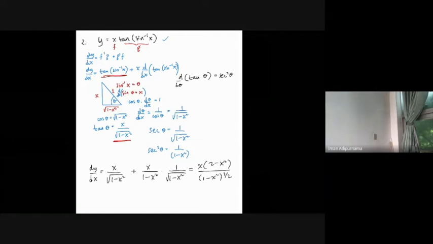Okay, it's quite complicated. But basically the first step is defining the function as the product rule first, okay? And then you derive, and you still have to derive this one, and this derivative, the tangent inverse, we already discussed.